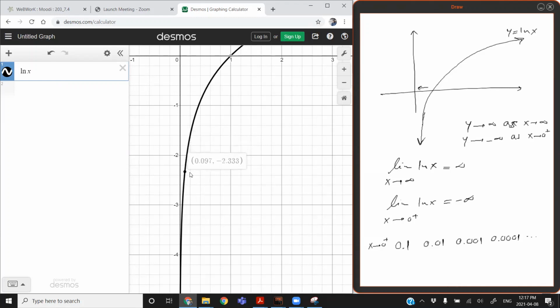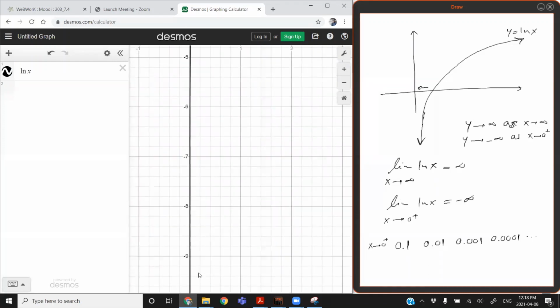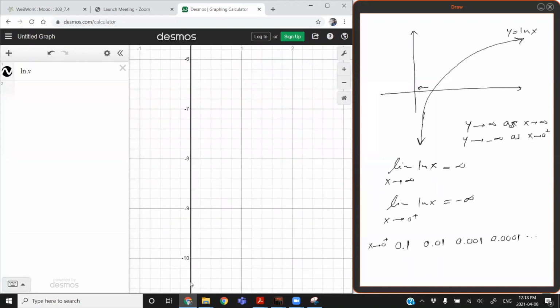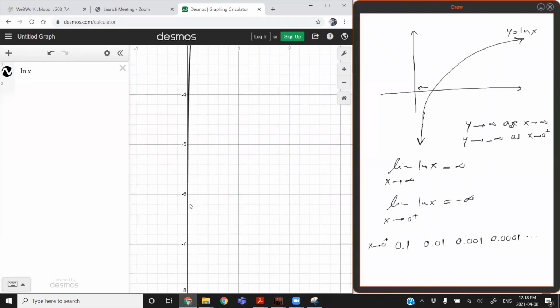What happens to the y coordinate? Yes, it gets closer and closer to negative infinity. And I can do that forever. Here I have a number, and after a certain point there is a calculation limit here, so it doesn't give me the numbers anymore, but you get the idea, right?